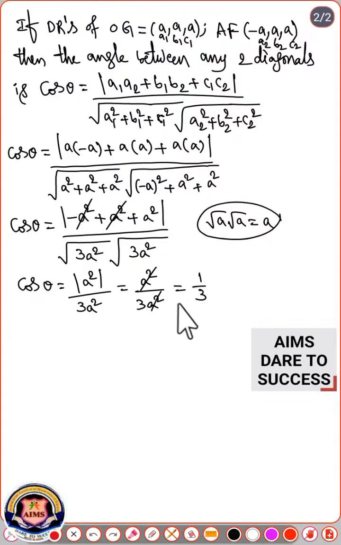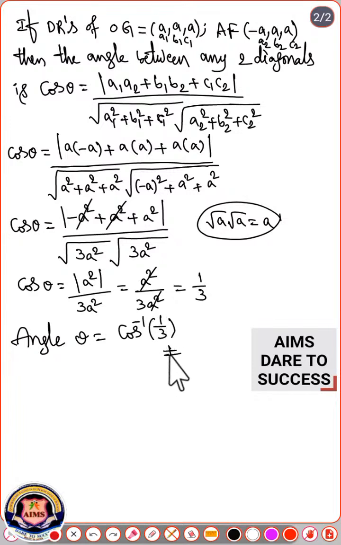Answer is 1 by 3. But cos theta is equal to 1 by 3 is just a formula. They are asking you the angle. So angle theta is equal to, cos going to the right side, cos to the power minus 1, that is cos inverse of 1 by 3 is the required answer for this problem.